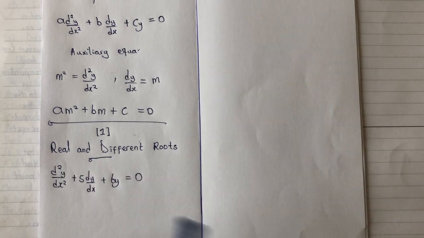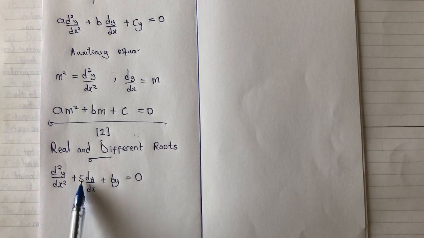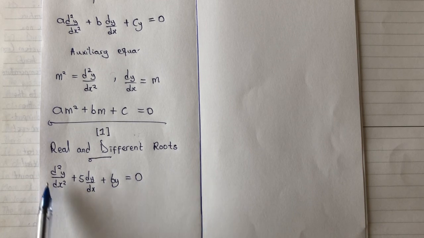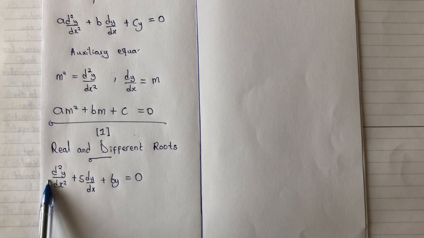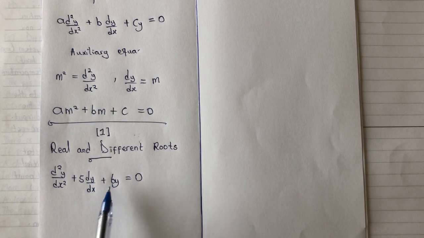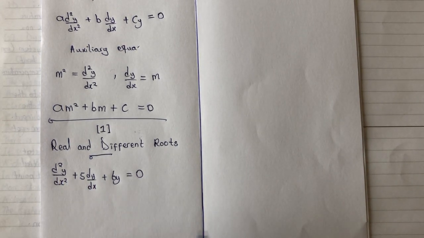When we look at this example, we see that the function is d squared y all over dx squared plus 5 dy/dx plus 6y equal to 0. The coefficient of the second derivative term here is 1. Now, let's generate the auxiliary equation to find the complementary function. So all you need to do is represent these derivative terms by the variable m.